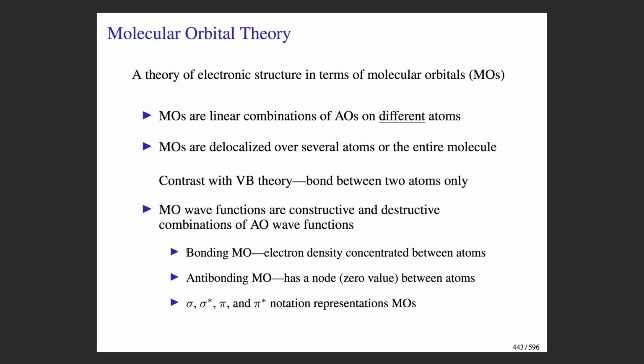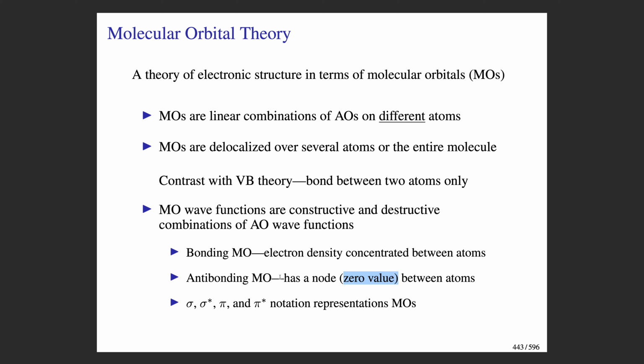Some of the molecular orbitals that we're going to be forming are called bonding orbitals. Bonding orbitals lead to electron density concentrated between atoms. That's why they're called bonding orbitals. Contrast that with anti-bonding orbitals, where we are going to find that there is a node between the two atoms. That is, the molecular orbital wave function will go to zero between the two atoms.